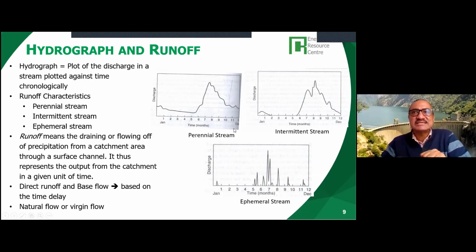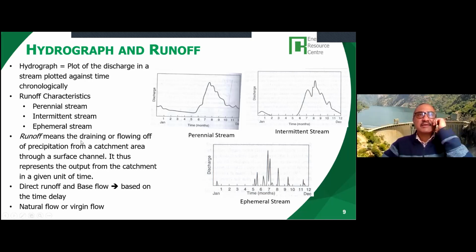But what I mean to say is intermittent means that in some months of the year you have no flow. So if you want to do a hydropower project here, without storing some water to transfer to the dry season, a hydropower project will not be feasible, because for 1, 2, 3, 4 months you will not be able to generate any energy, power.